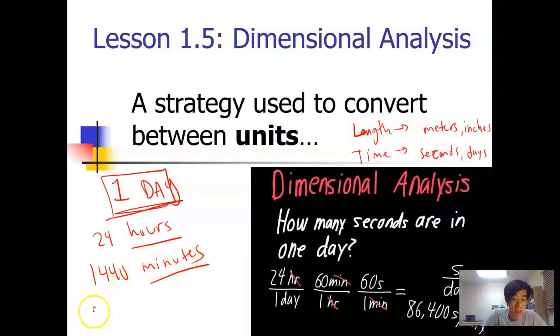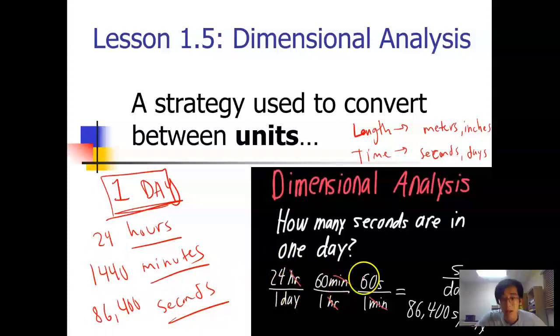And I also could say that 86,400 seconds could be measured in 1 day. And seconds is a unit. So how do I get these numbers, right? 1,440 and 86,400. Dimensional analysis deals with making relationships with these units and then setting them up as ratios called conversion factors, which we'll talk about in this lesson.